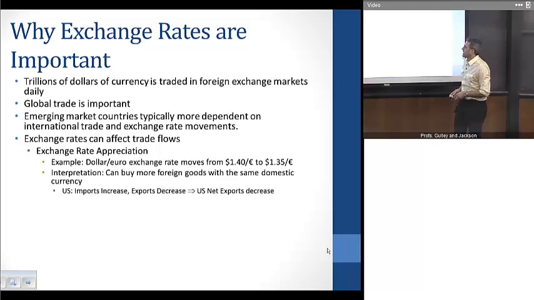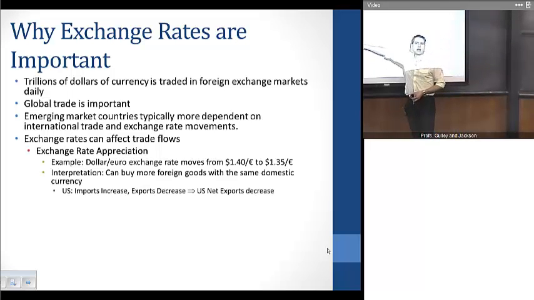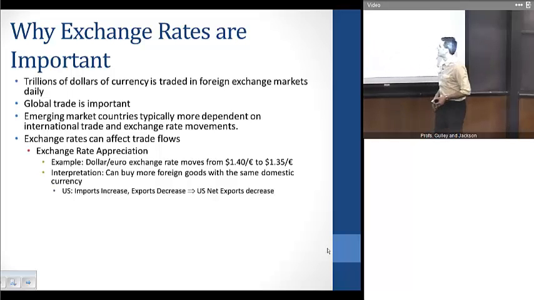Because we can buy more foreign goods, we're going to increase the amount of imports in our domestic economy. The flip side is that our goods become more expensive to other countries, and as a result, our exports go down. Putting both of those together, our net exports are going to decrease.